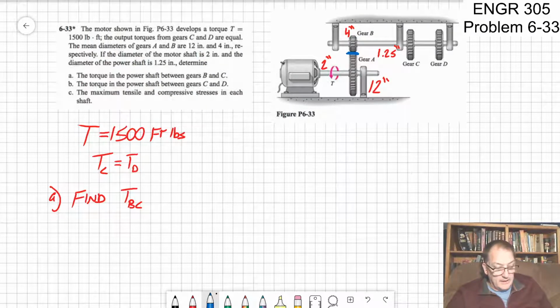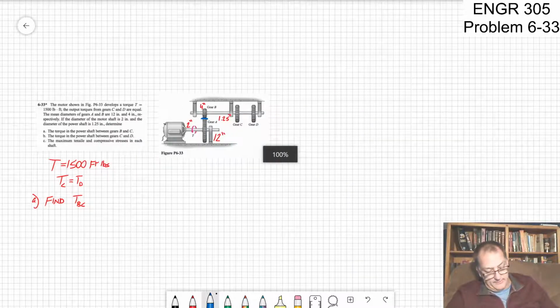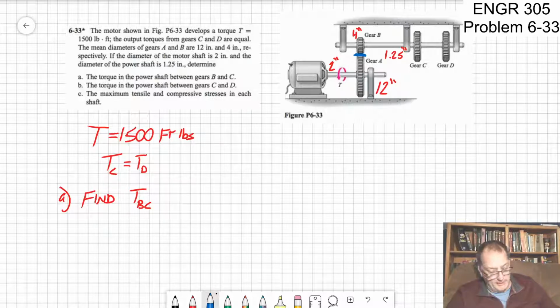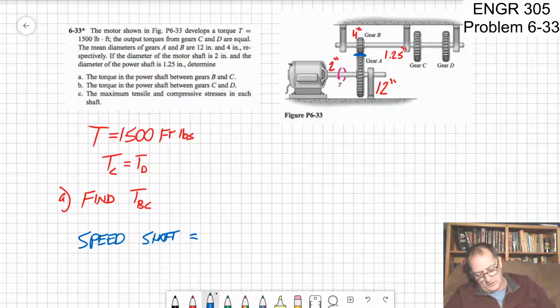So the speed of the shaft equals 3 times that of the motor.